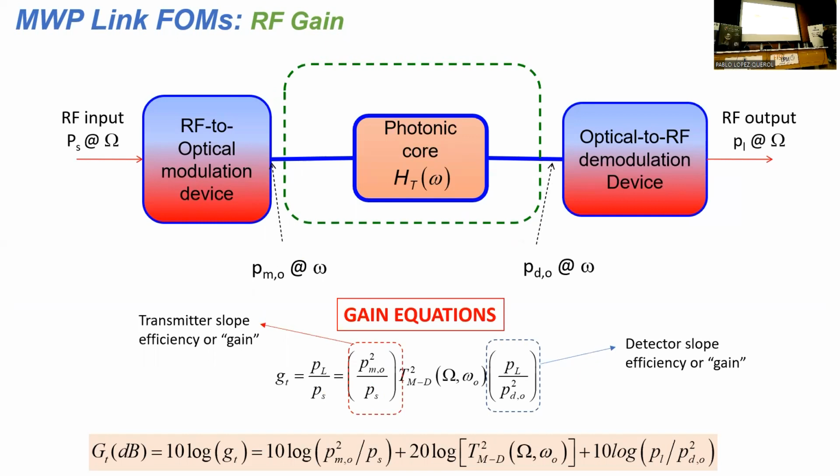So if I want to calculate the RF gain, actually I need to calculate the output power versus the input power. The output RF power versus the input RF power. So I can do the math, and I will get that this is the multiplication of 3 factors. A first factor that takes into account what is the gain of my transmitter. An intermediate factor that is the effect of the channel, and a final factor that is the gain of my detection system.